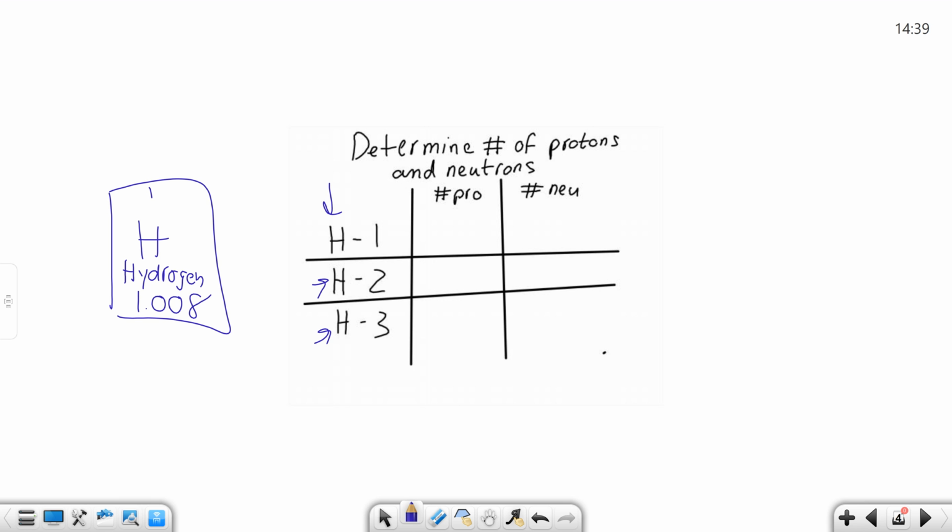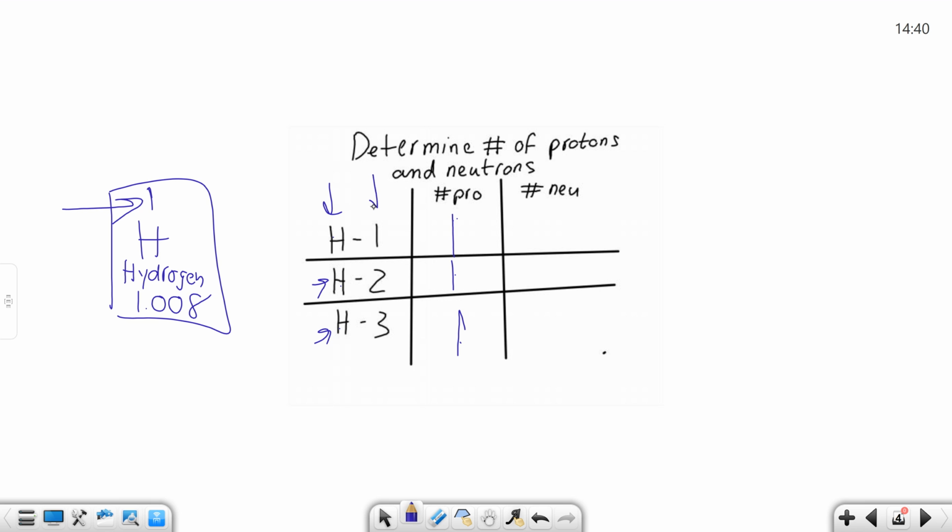This is what we would see in one of the blocks for hydrogen. I would pay attention to the top number. That's the atomic number, the number of protons. If they're all hydrogen, they all have to have the same number of protons, which in this case is 1, 1, 1. That column has to stay the same in any isotope problem. Protons stay the same.